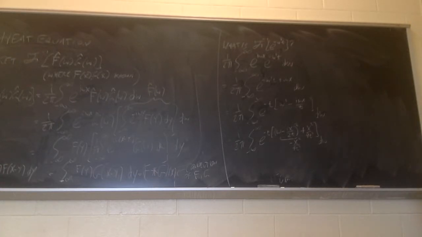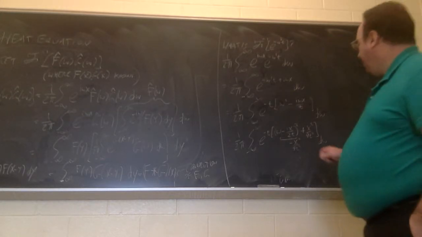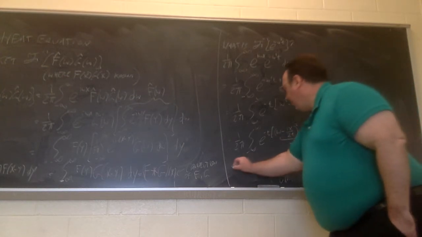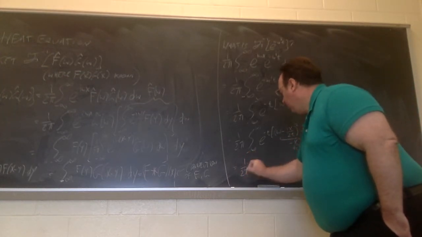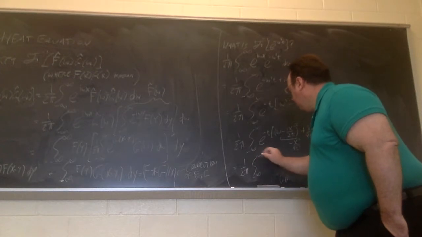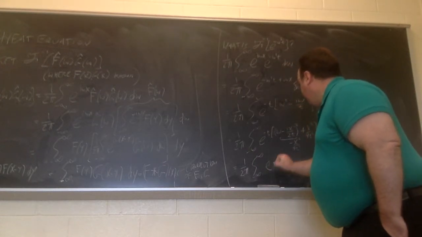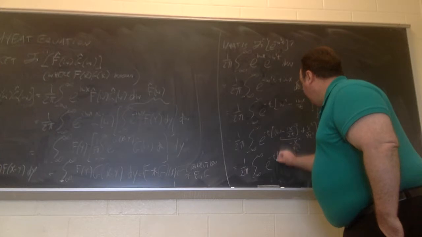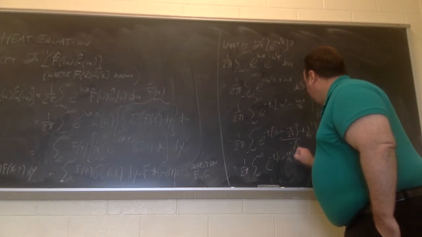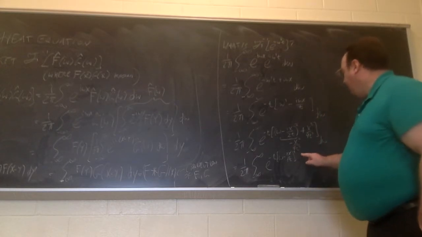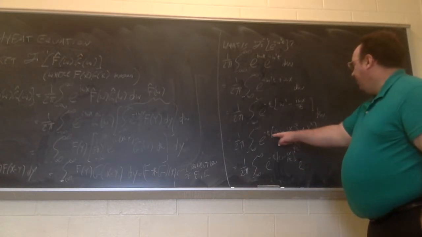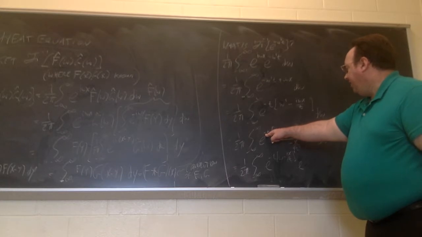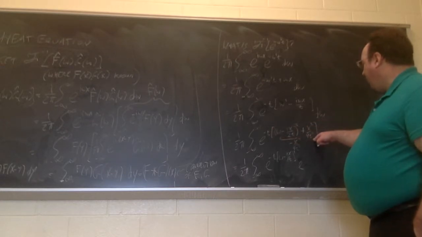Now, the next thing I'm going to do is some distributing here. So I have e to the minus t, omega minus i x over 2t, squared. And then I have a minus t here, and a t squared in the denominator.